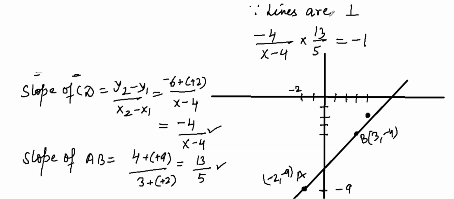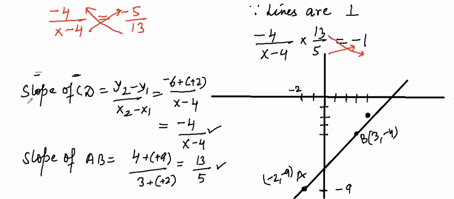How are we going to solve it? Cross multiply, 5 here, 13 here. So what are we getting? Minus 4 times x minus 4, cross multiplied, so it is minus 5 over 13. Again cross multiply this and this. So we are getting minus 5 multiplied with this bracket, minus 5x and plus 20, minus 4 multiplied by minus 4 is 20, and 13 into minus 4 is minus 52.